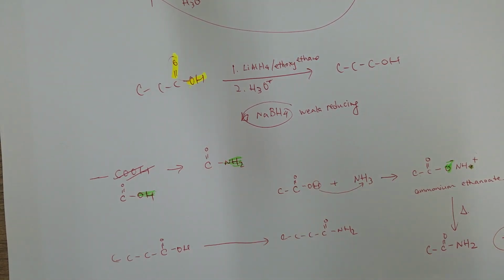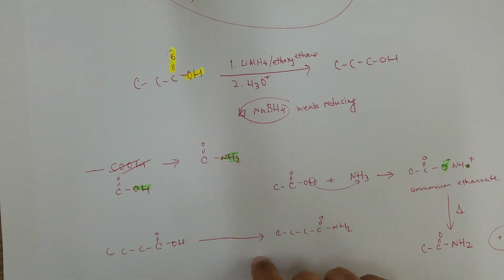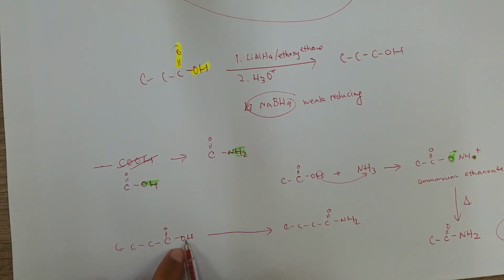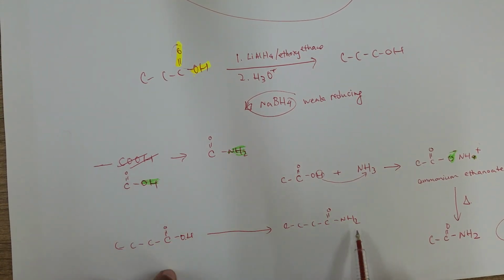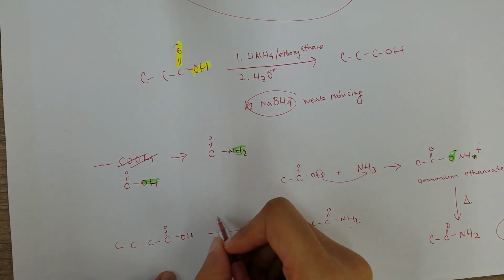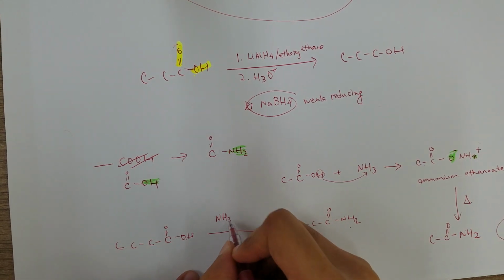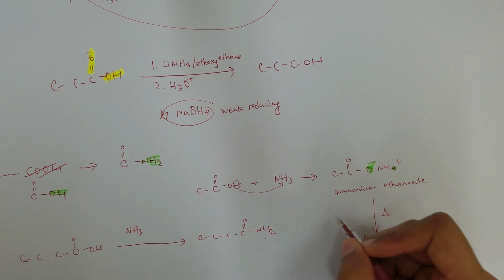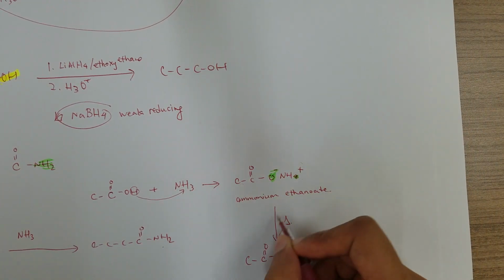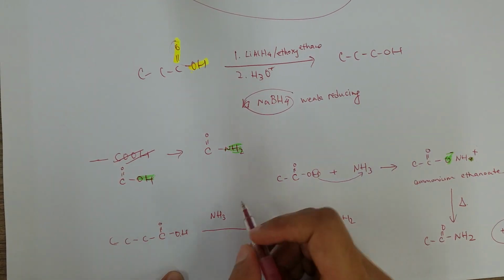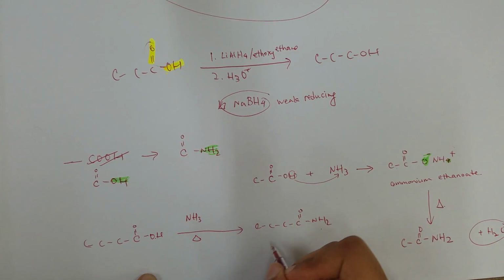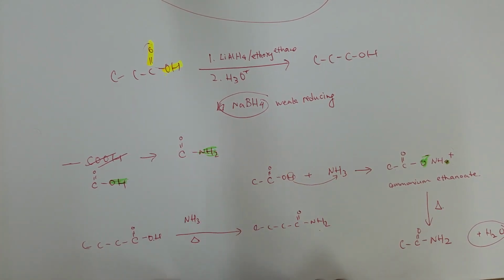If you remember, use 2 or fewer steps to form this product. If you remember those type of questions, you have to know this. How to convert carboxylic acid into amide? What you do is, basically first you need ammonia, and then what's the second part? The second part will be, yes, heat. So you just need ammonia and then heat, and that's all you have to know, and you can form amide.